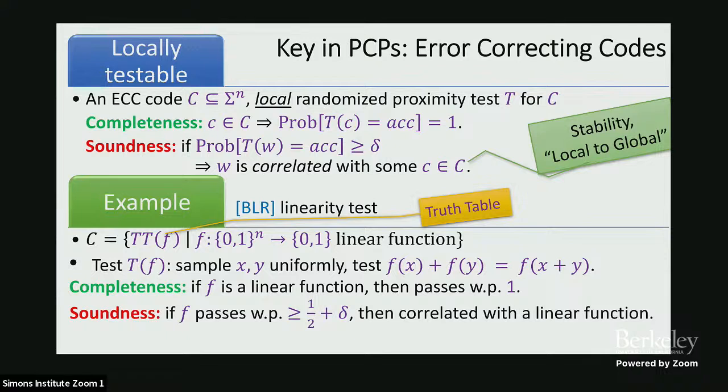Half here is trivial, just satisfied by a random function. So this is the type of test that we're after. Let me mention one more parameter of interest, which is the number of queries that the tester makes. In this test, the tester looks at three values of f, namely it needs to make 3 queries to the word. The number of queries that the tester makes is going to be important for us.